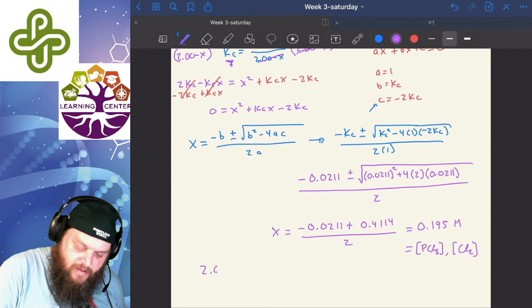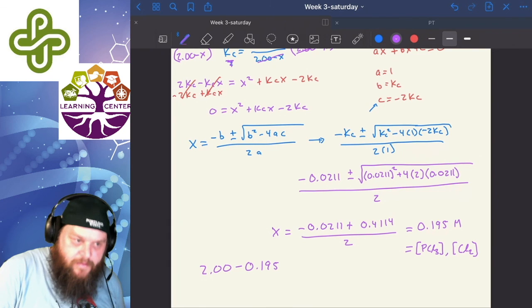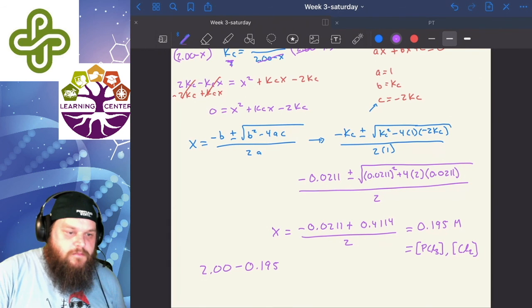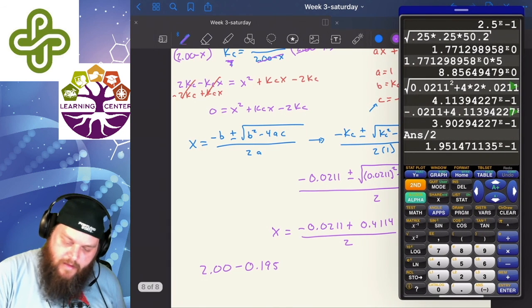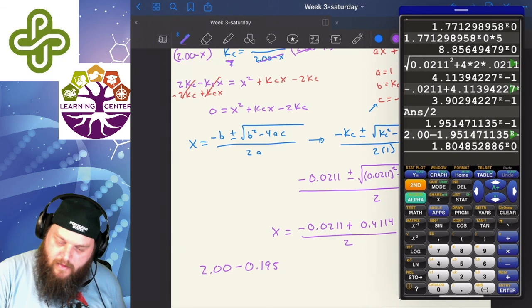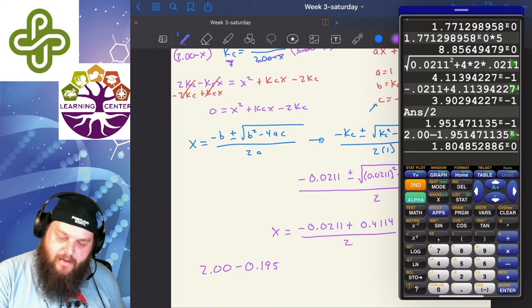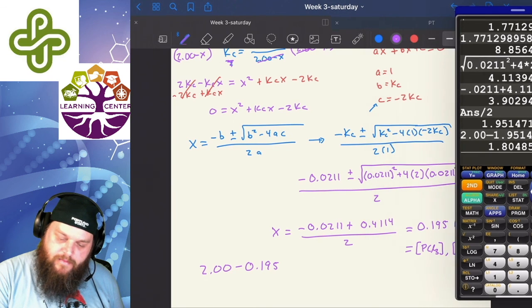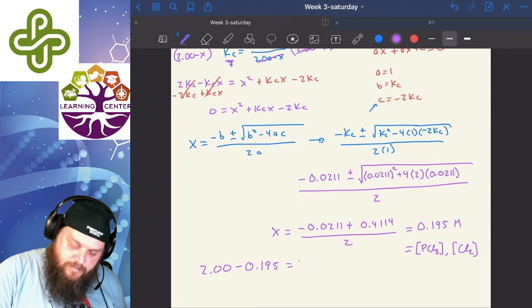So 2.00 minus 0.195. This gives me 2.00 minus this number here. It's going to give me 1.80.